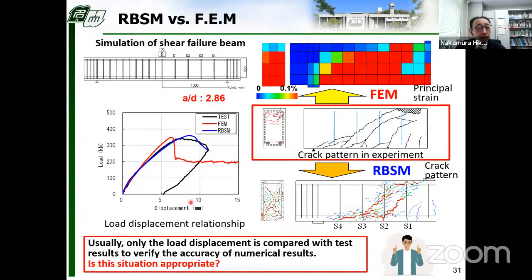Usually, only the load displacement is compared with the test result to verify the accuracy of numerical results. Is this situation appropriate? The discussion of requirements or utilization of analysis is important to the advancement of simulation methods.